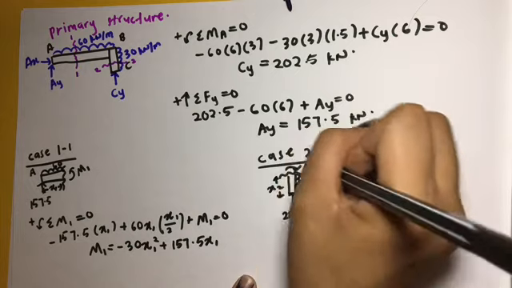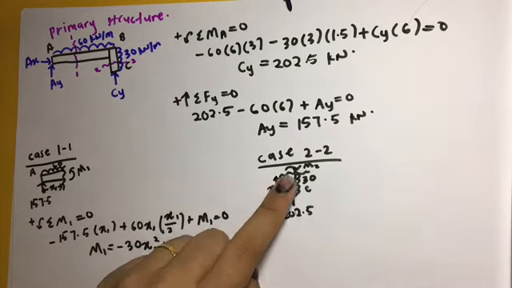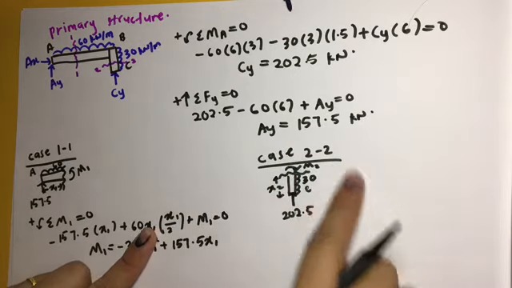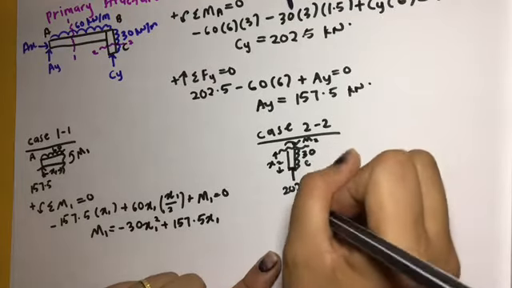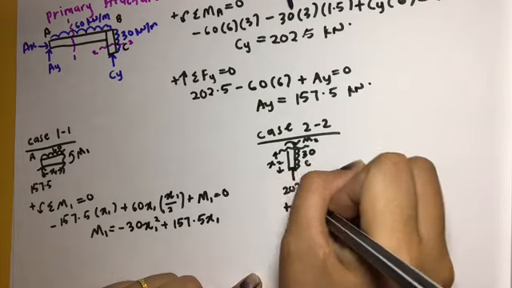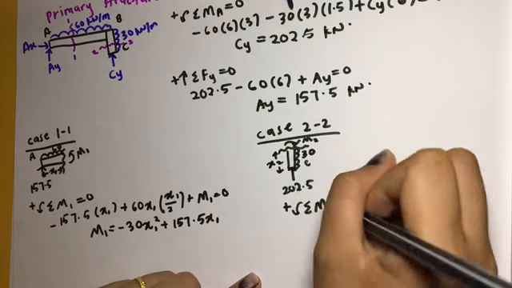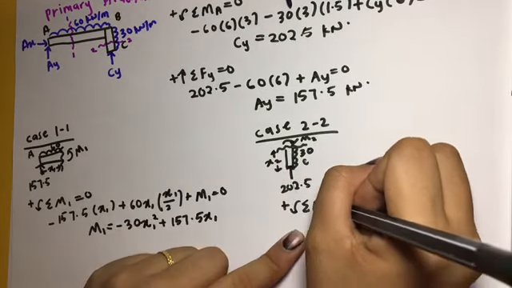Don't forget the moment, m2. So we'll just assume this right here. So we're gonna do the same thing we do over here, and then we're gonna find the total of moments from this point.